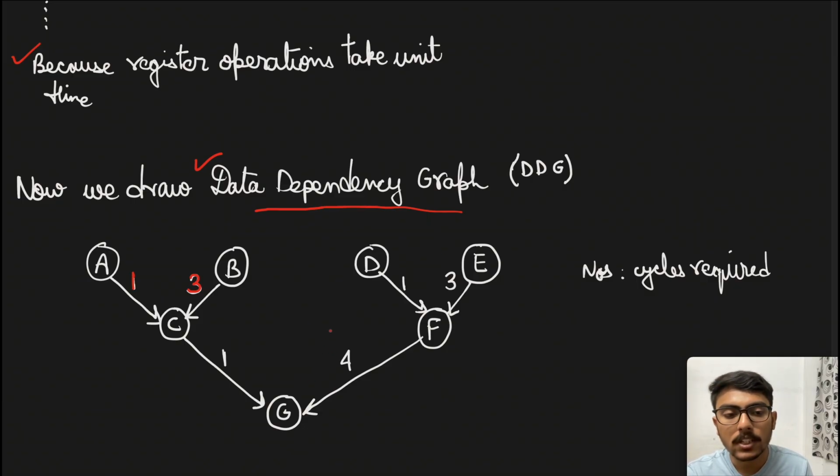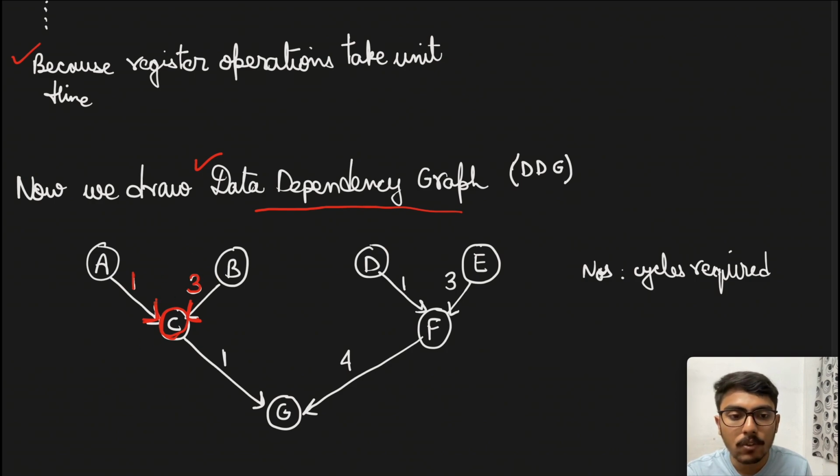And now you can see that these arrows indicate the direction of the flow, right? So first we need to define A, we need to define B, then only we can obtain the value of C, or we can execute the statement C. So this is the dependency.